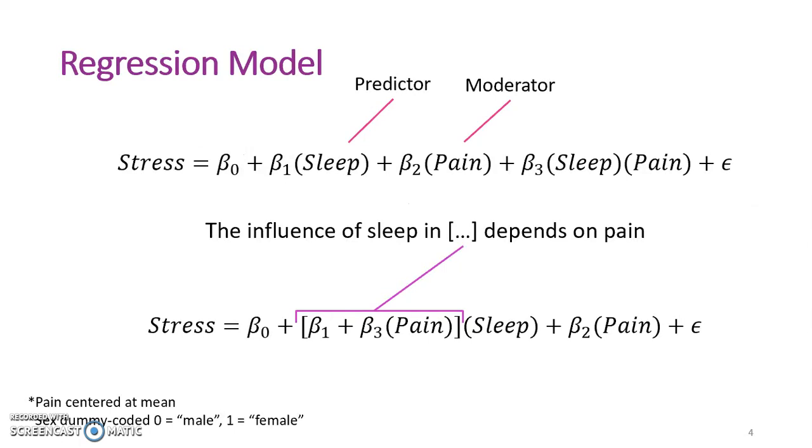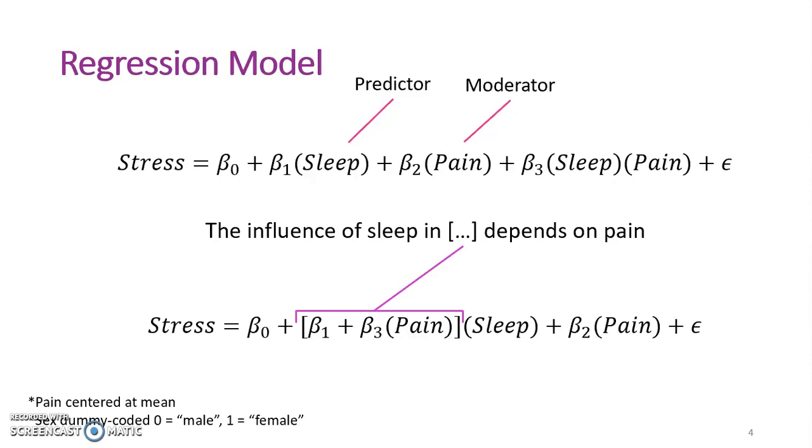So let's take a look at the regression model. So now we're still working with stress as the outcome, and we've got this beta 1 coefficient that is the slope relating sleep quality to stress. Now the beta 2 coefficient is relating our moderator pain severity to stress.